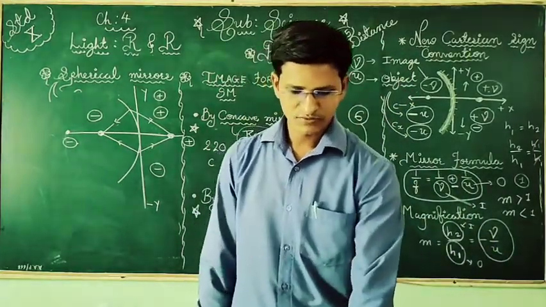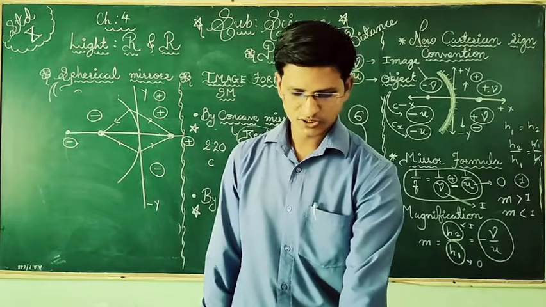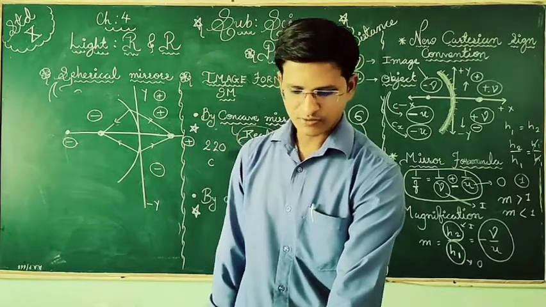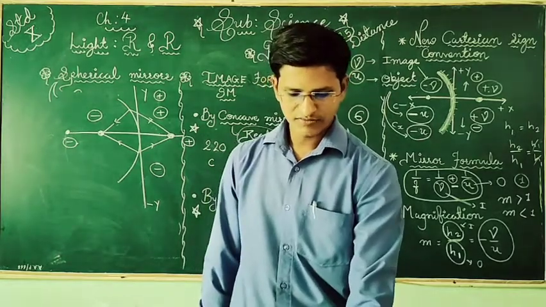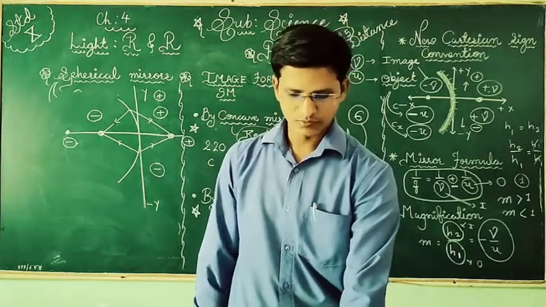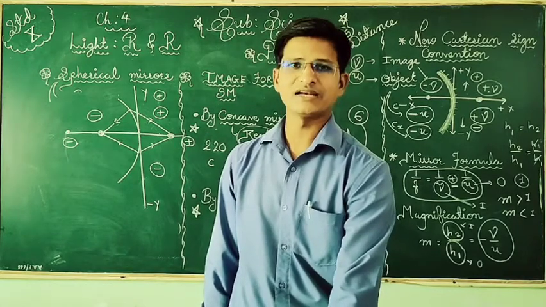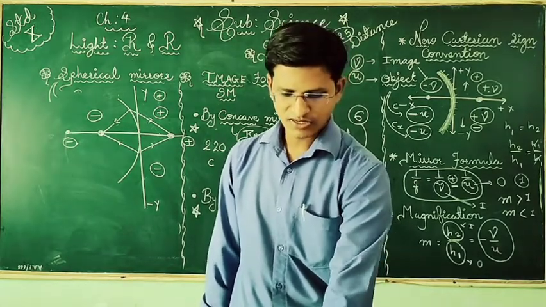Here, if you see example 1, the radius of curvature of a concave mirror is 20 cm. Calculate the focal length. So here we can say f is equal to R by 2. Because of using sign convention, the focal length is negative.